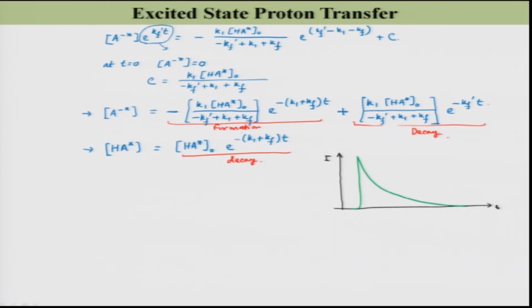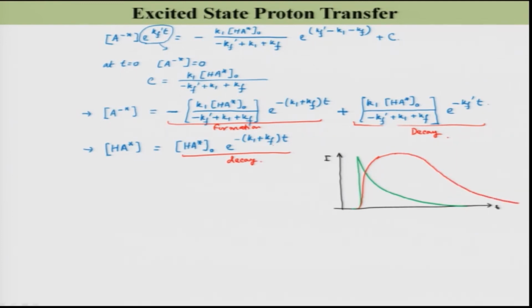This is just a single exponential decay, a nice single exponential decay. But this A minus will be, first there is a growth, and then there is a decay.